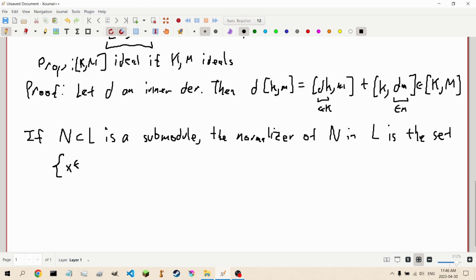It's going to be the x in L such that the bracket of x and N is inside N still. And this is going to be a subalgebra.